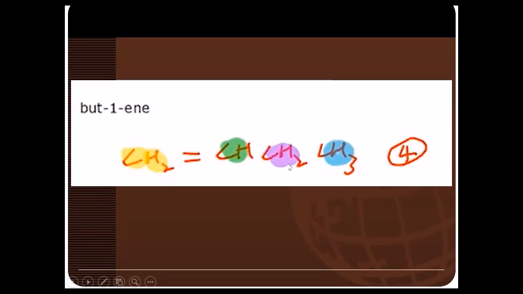But this CH2 group does not have a similarity to the end one, because this CH2 group in purple doesn't have a connection to the double bond like the CH2 on the end does. And then we have a CH3 group at the end, in blue. So again, yellow, green, purple, blue, we have 4 different chemical environments. Therefore, the NMR spectroscopy will show 4 peaks.